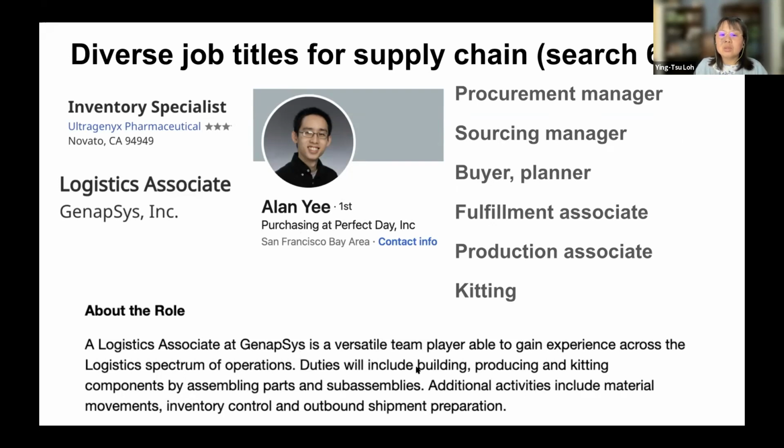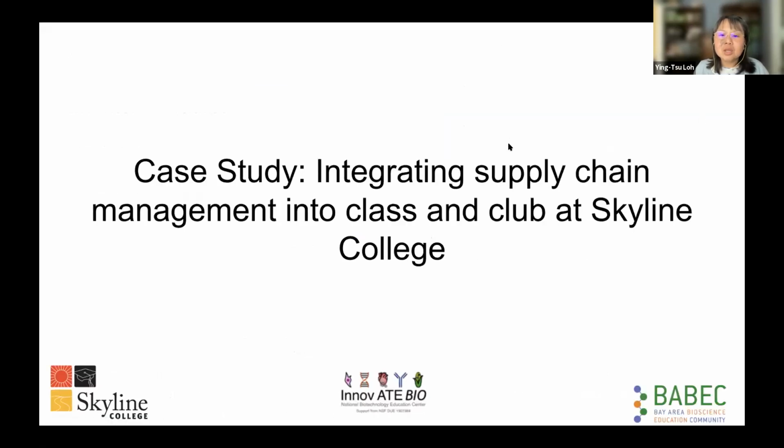So duties will include building, producing, kitting, components, assembling, additional activities, materials movement, outbound. So all that is part of supply chain. And students who aren't necessarily good at the lab, there's a lot of other areas that they can be good at too.